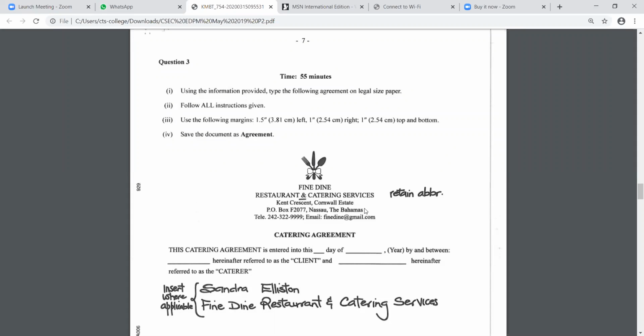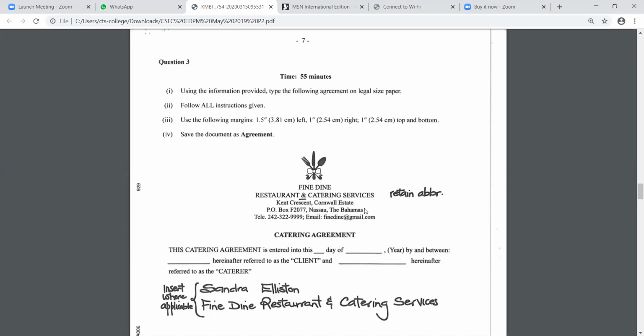Remember in question 2, the first part where we did the letter, we did this particular logo on our Word document, right? So you could just take pieces of that and copy and paste it onto a blank document called what? Agreement, not so? Yep. So you don't have to retype anything here. You can copy and paste that information from question 2A.